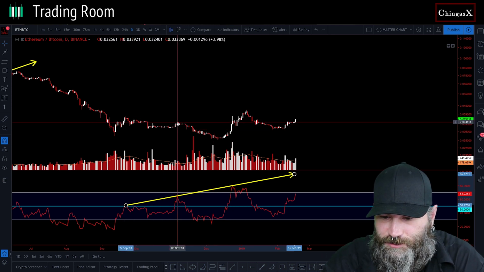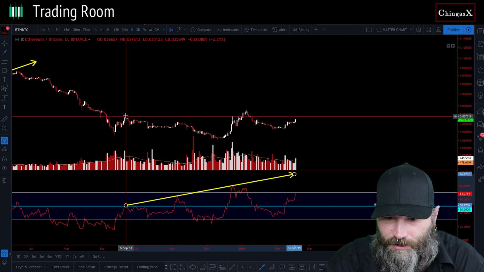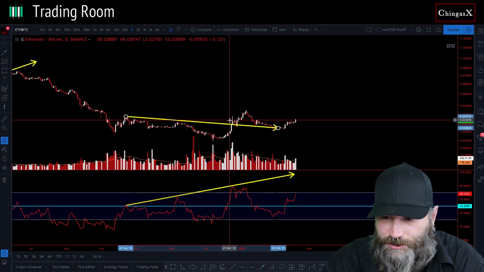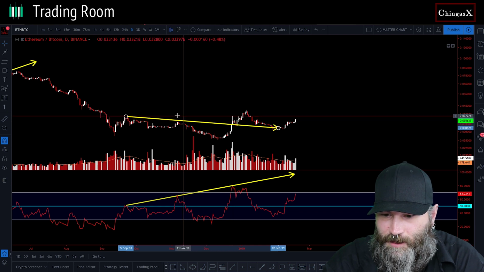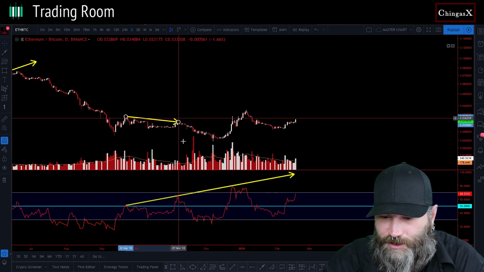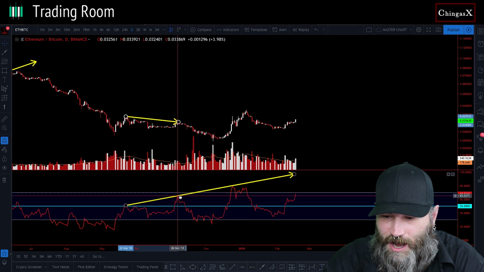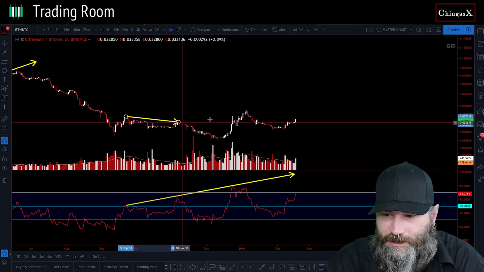So for the first two, yes, this would have been an indication here. And then when you got to the third one, not so much. This third one here is almost a double top. So you had divergence up until this zone. So this was your divergence. And then you had your high, and then a higher high, and then you have your high here, and then a higher high.